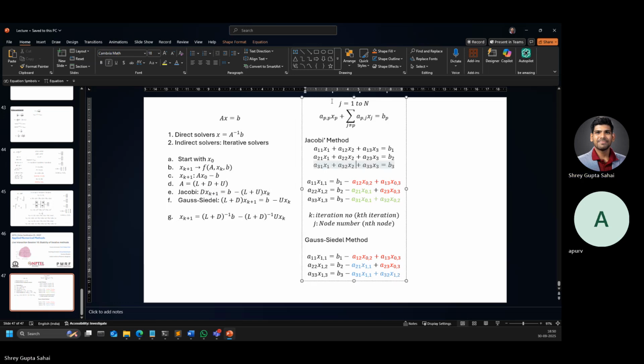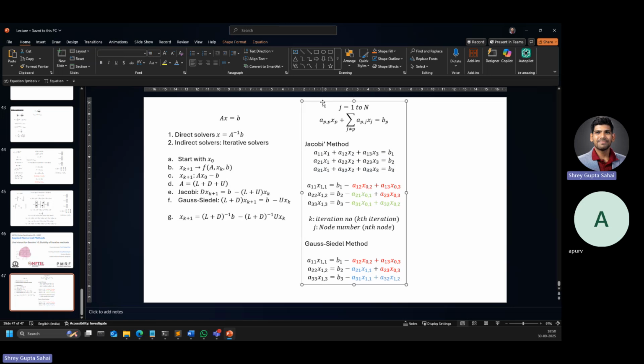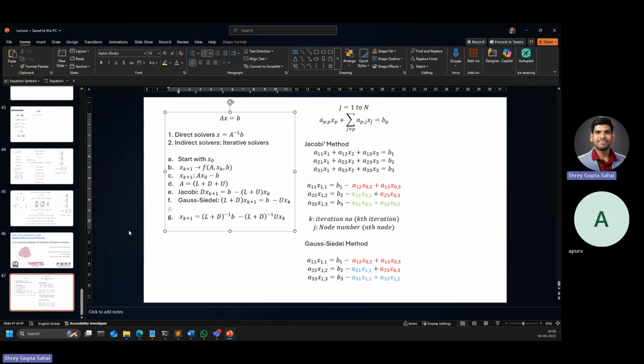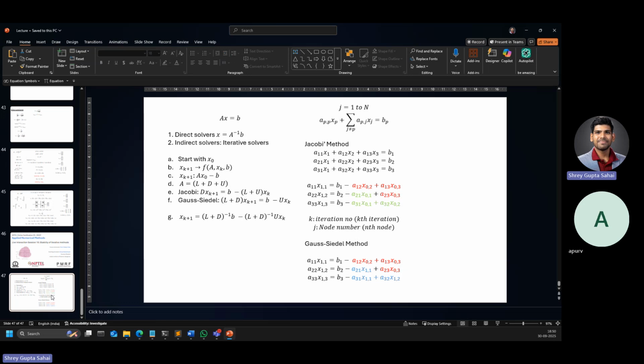Okay, fine. So now let's quickly talk about why the Scarborough criteria, if met, will satisfy our convergence criteria.